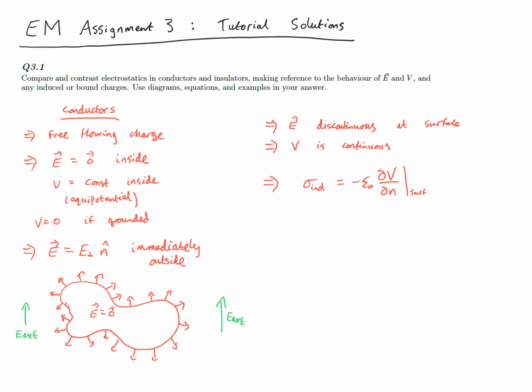So we imagine taking the derivative of the potential in the direction of the unit vector normal to the surface, evaluated at the surface. We can always do that because the potential is continuous at the surface. And this will be equal to the induced charge at the surface.